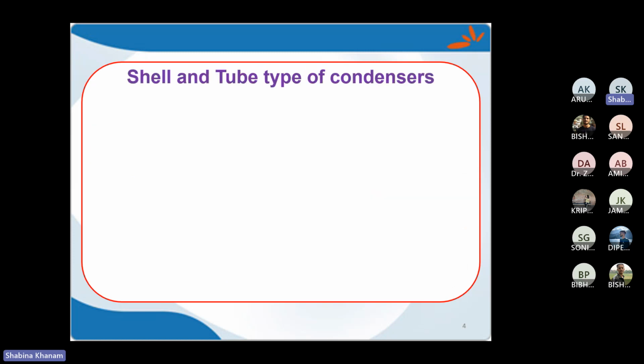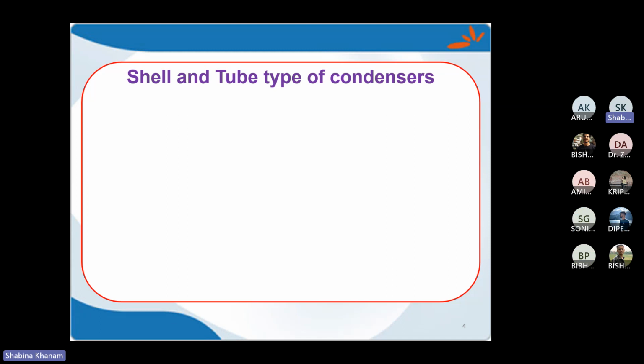Now as far as design is concerned, we will focus on shell and tube type of condenser design, not air cooled type. Shell and tube heat exchanger you have already designed. Whatever would be the variation with respect to condensation, we will discuss over here only.